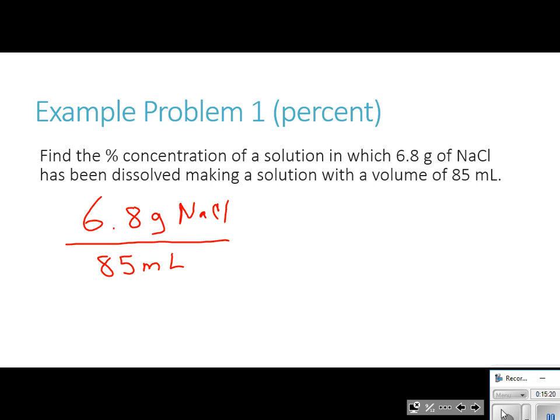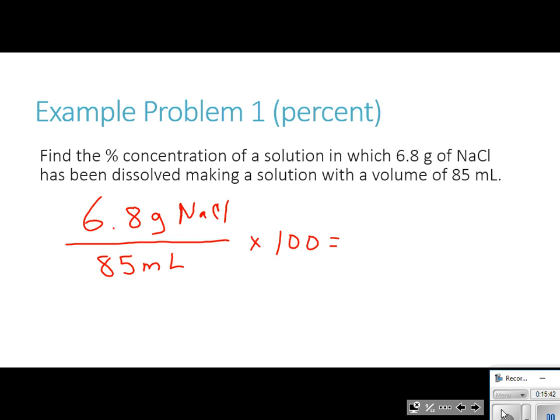Now, what am I trying to put this in? A percentage, which is actually a part per 100. So now I'm going to multiply this by 10 to the second. Well, 10 to the second is actually 100. We've probably done a percent calculation multiple times throughout our learning career.